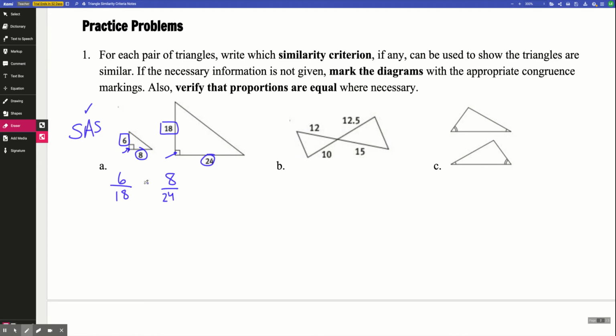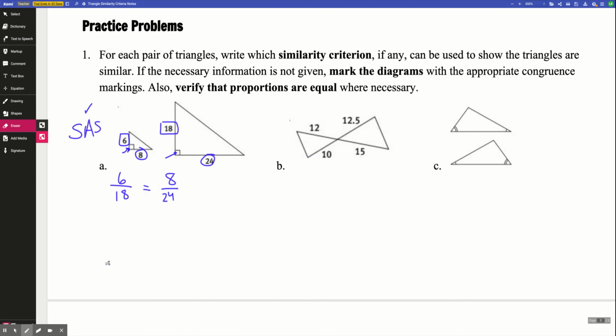Remember there are 2 methods you can use to figure out if these two fractions are equal. The first method would be to reduce these fractions. The other method would be to use cross multiplication.